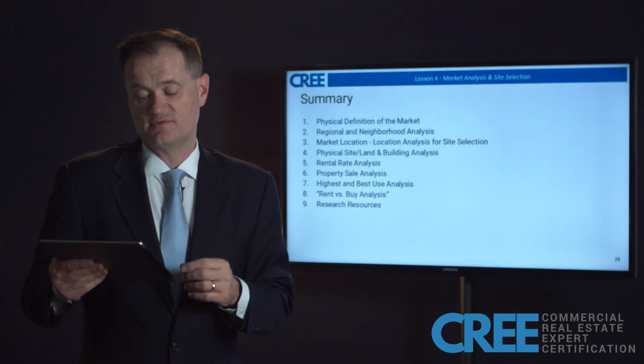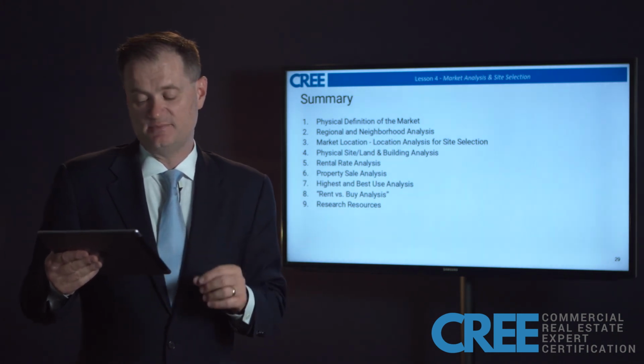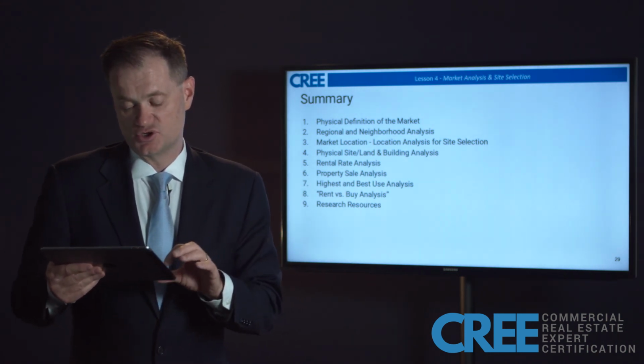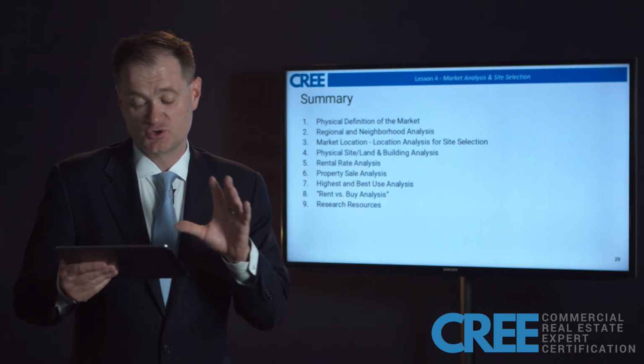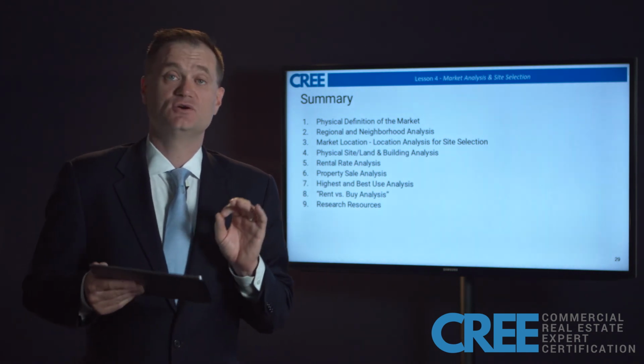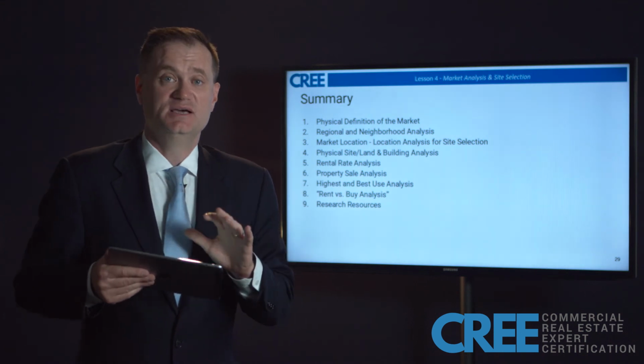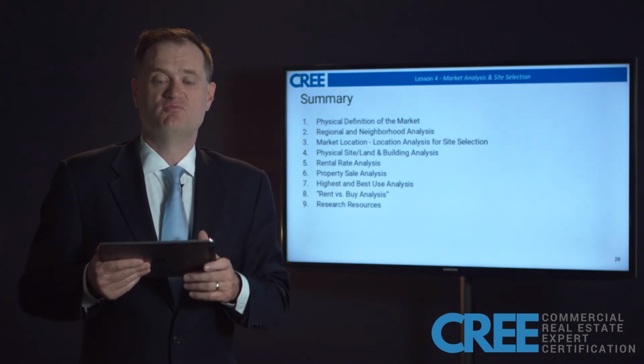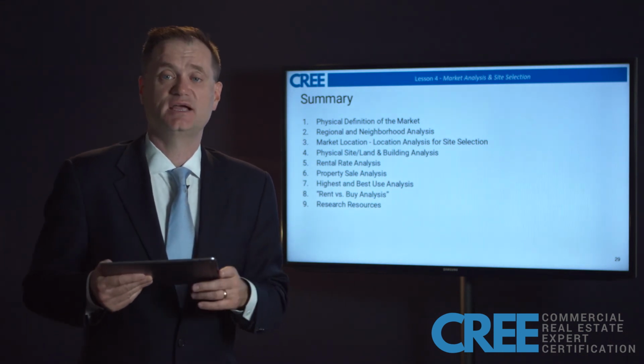We're going to look at rent versus buy analysis. We did that, and then we gave you some research resources. So that's a very brief overview of market analysis and site selection.